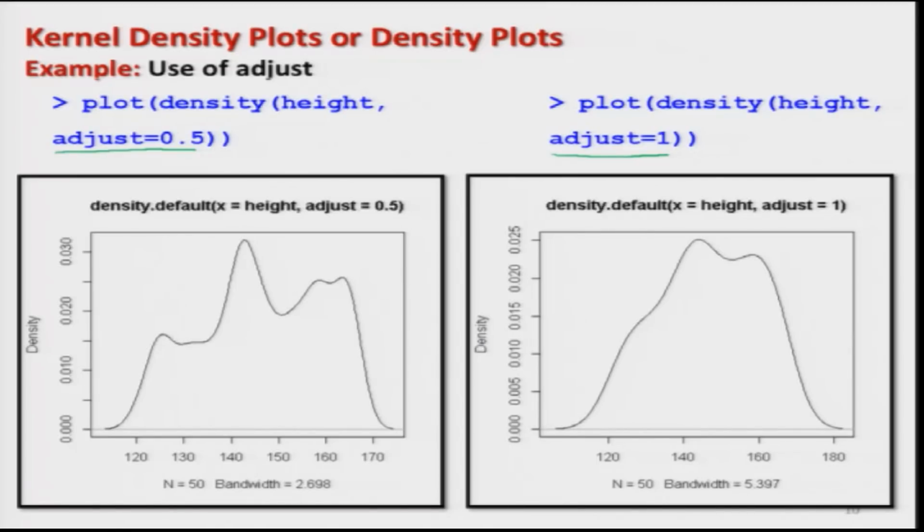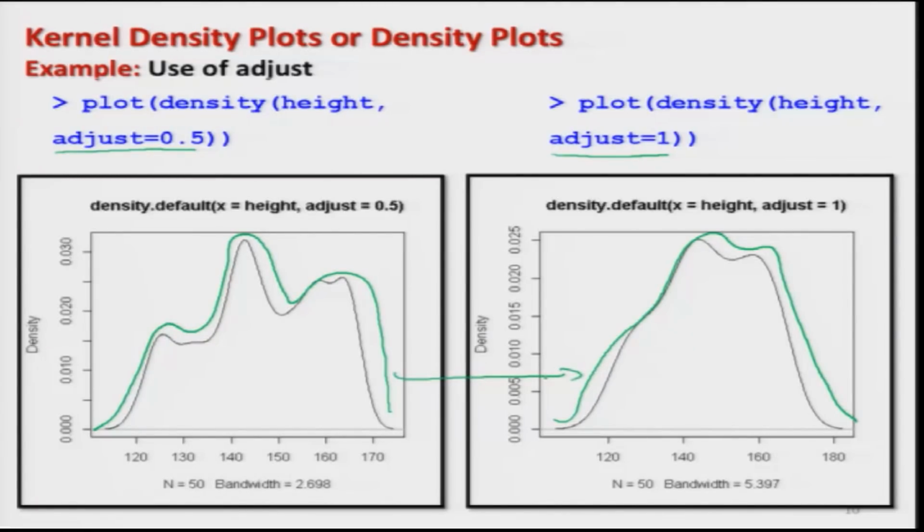You can see the structure of this plot and the structure of this plot. The data sets are the same in both situations, and the same Gaussian kernel density function has been used to construct these densities, but their structure is different. This one is giving you more variation, whereas the second one is more smoothed.